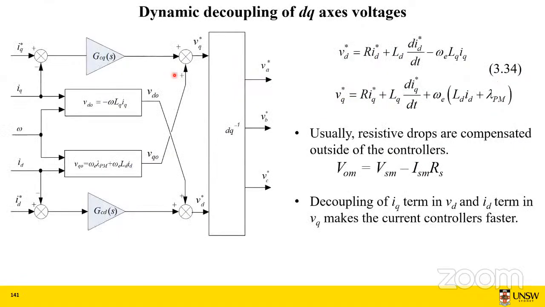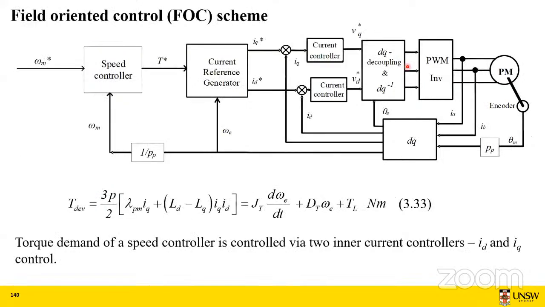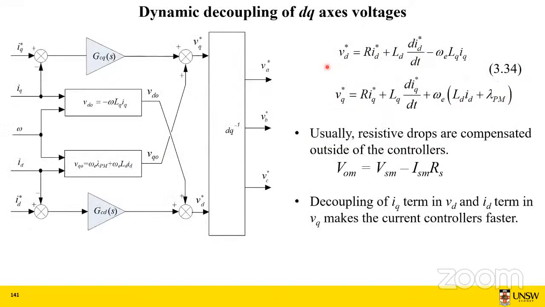One thing we have to remember is that in our torque equation, these are PI controllers we are designing. And how do we design them? As I mentioned, we can design them considering our system is like an RL load. Those who are familiar with control systems know how very easily you can design a PI controller for an RL load. If we look at our DQ equation, the first part is actually an RL load.